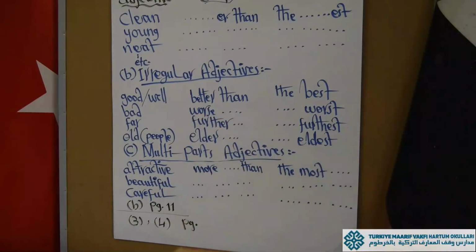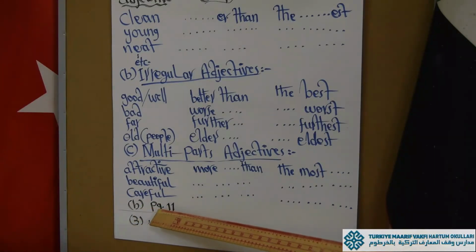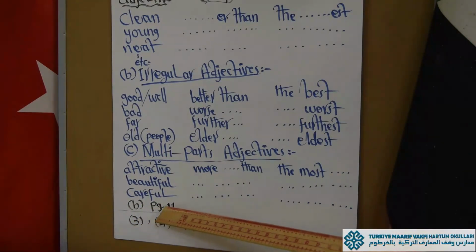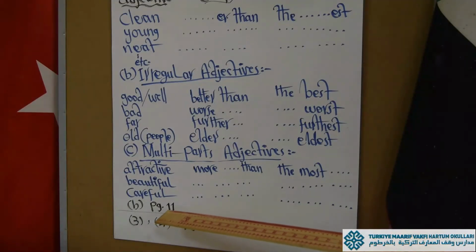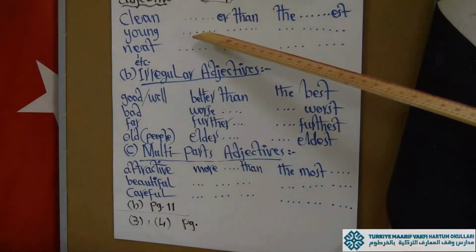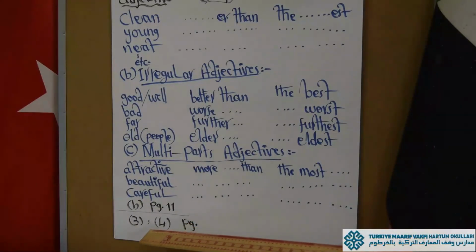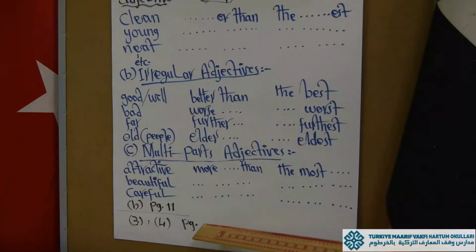But before the end, there is exercise B on page 11 that has something to do with comparative and superlative. Please go back, read it carefully, and do it in order to make sure that you understood this lesson well. It's not only that, but also page 14.